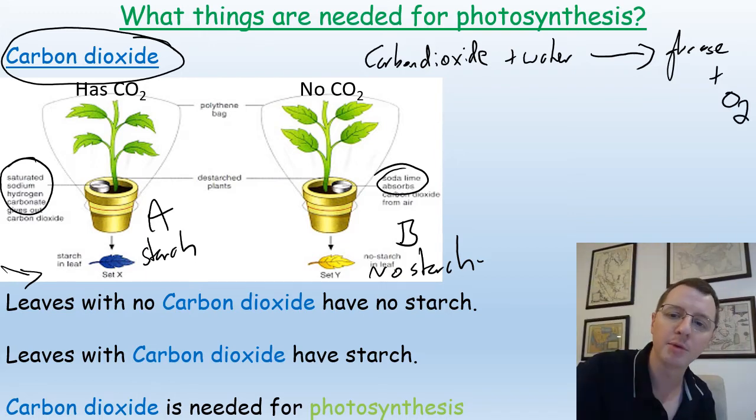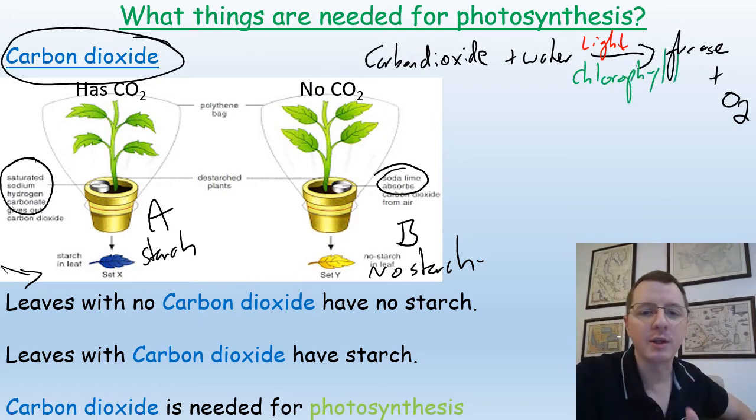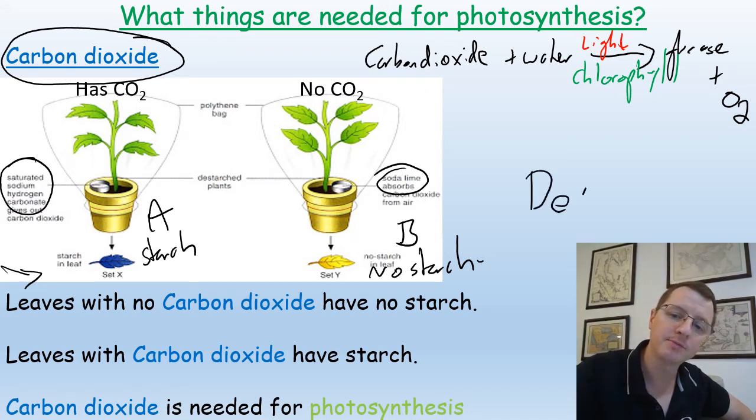It will not happen unless we have a source of energy, which we proved before was light, and a particular molecule for this to absorb the energy, which is called chlorophyll. So we've begun to prove the photosynthesis equation using these simple experiments. The other thing to consider with these experiments is that all the plants used will have all started out being destarched.